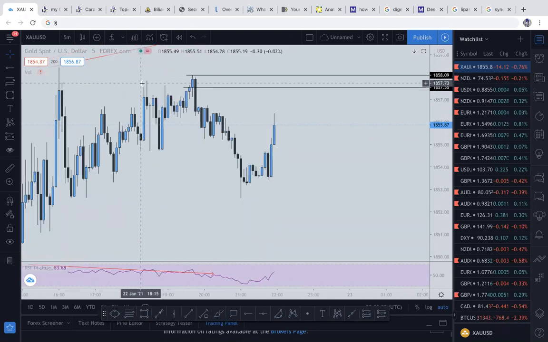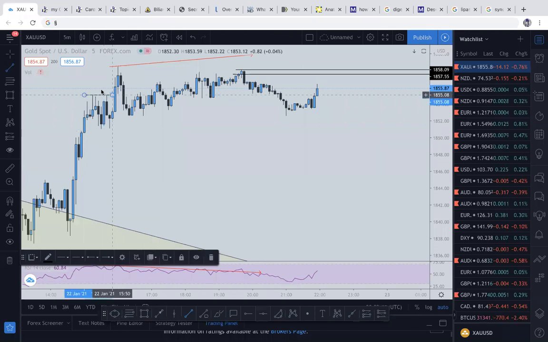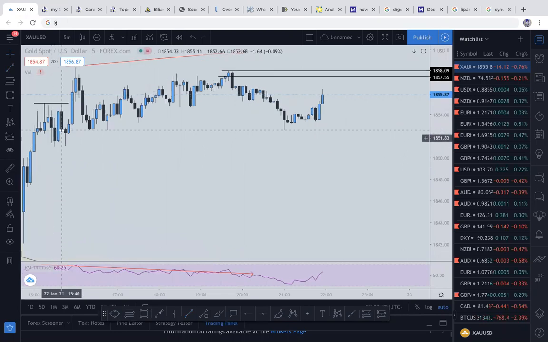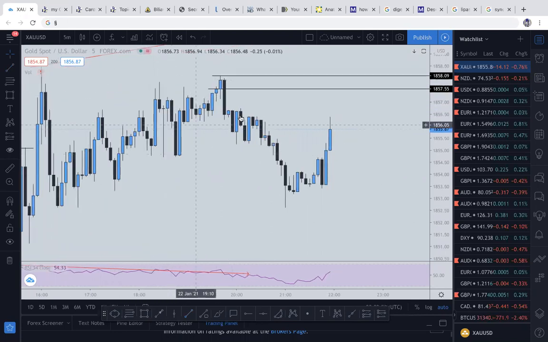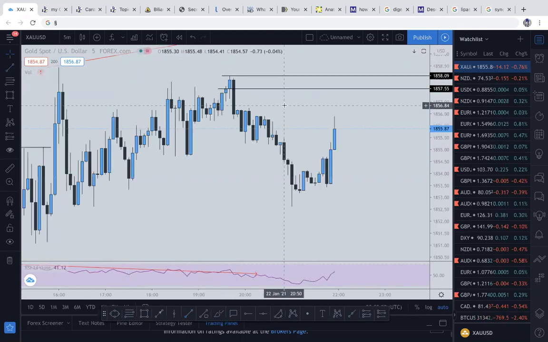The thing about this area is before this happened, we cleared liquidity here. Right? We cleared liquidity there, but we refused to break market structure there. And we went higher, starting creating more highs. And from here, instead of continuing to create the high, we came down to create a low.